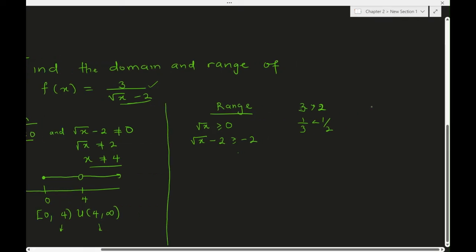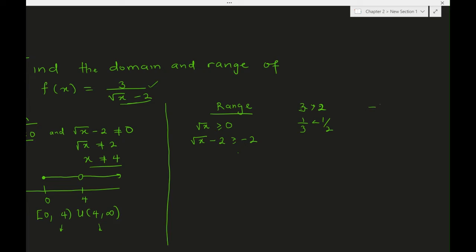Now, if we have minus 2 is greater than minus 3, we can say that minus 1 over 2 is less than minus 1 over 3.